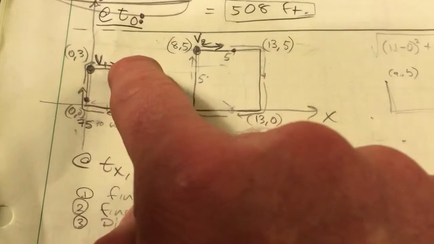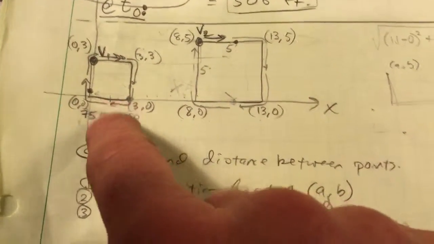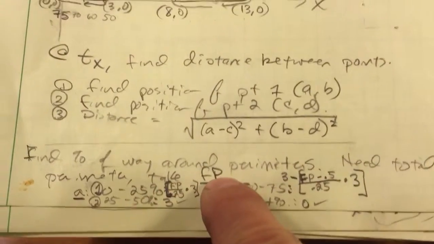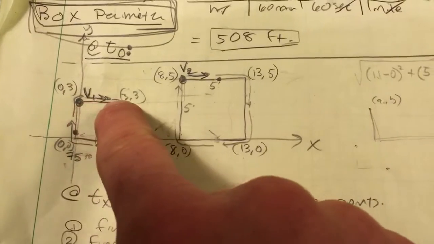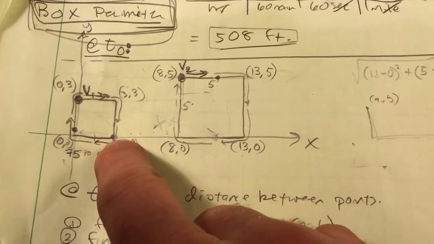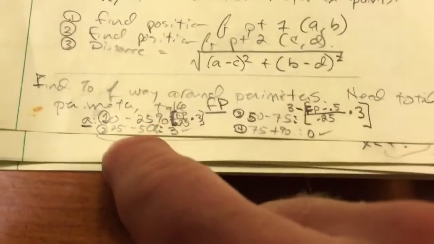Say they've gone 5.5 perimeters. All you care about is the fractional part, the 0.5, because it's halfway around. It doesn't matter that they went 5 times around, it's just where they are when I stop.